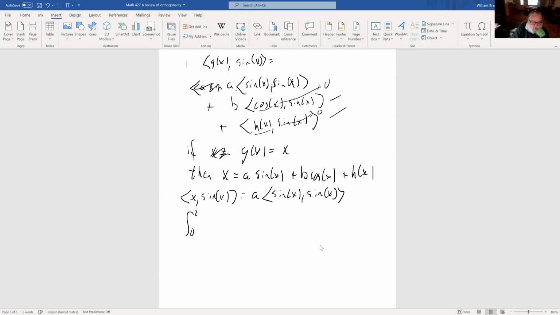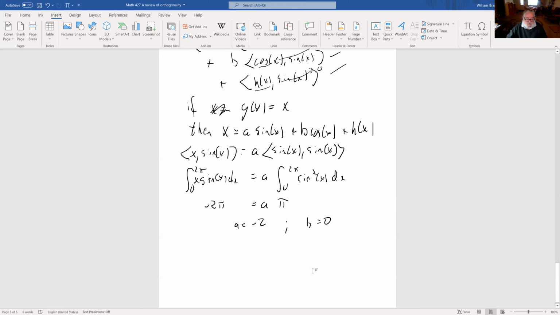This is the integral from 0 to 2 pi of x sine x dx equals a times the integral from 0 to 2 pi of sine x multiplied by itself. The integral of x sine x is minus 2 pi. That will equal a times the integral of sine squared x, which is just pi. And so that gives me that a equals minus 2. Similarly, you can show that b equals 0.